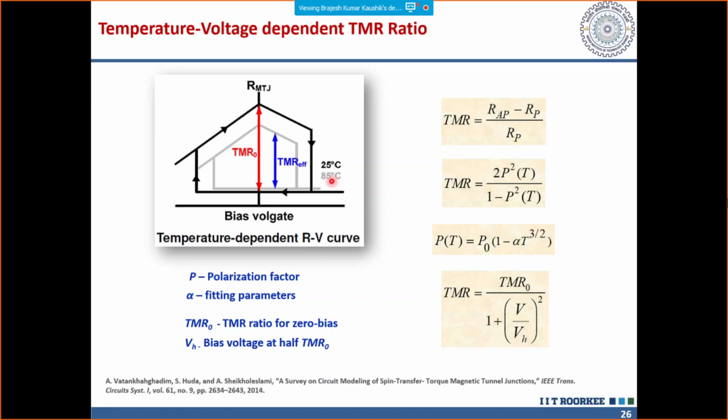And once the difference between the two states is not distinguishable, you will land up with other problems as well. You will not be able to identify whether 1 or 0 has been stored. So this is where you had the TMR effective for two different temperatures. You can see with 25 degrees centigrade, the TMR is big enough, which is in the red color. But as soon as you increase the temperature to 85 degrees centigrade, the effective TMR reduces drastically. And this reduction reduces the noise margins, the difference between the two states, and so on and so forth.